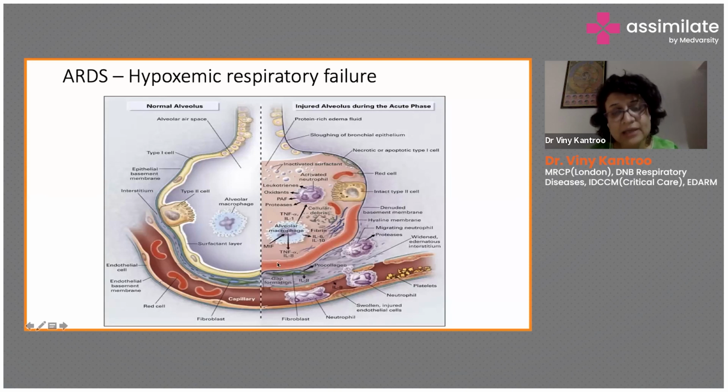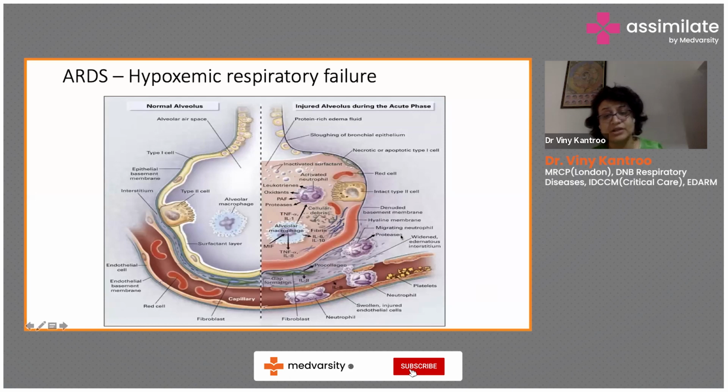And there is a hyaline membrane, which is taking a huge chunk of this space wherein the gas exchange is taking place normally. So this thickness is very, very increased. Hence, the flow of gases is affected between the alveoli and your capillary membranes.